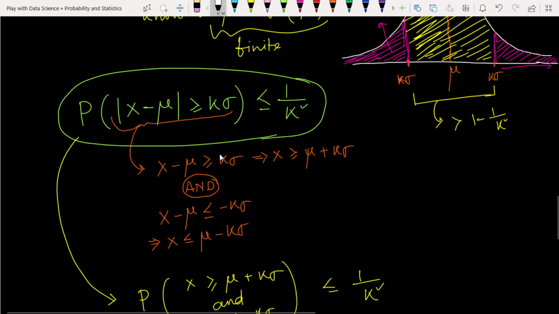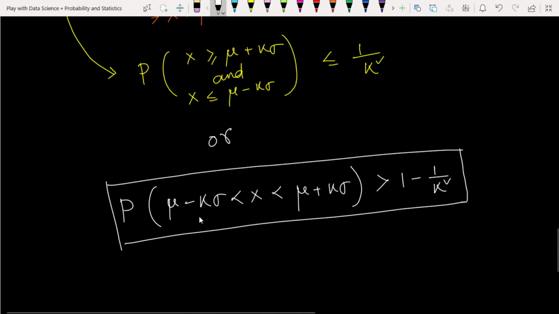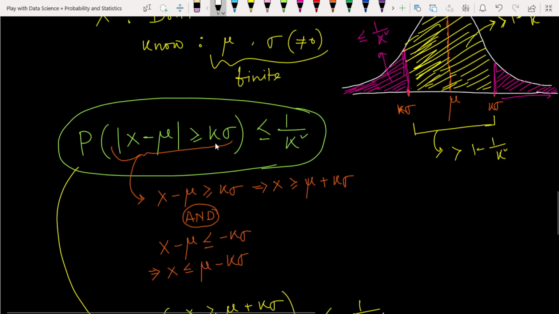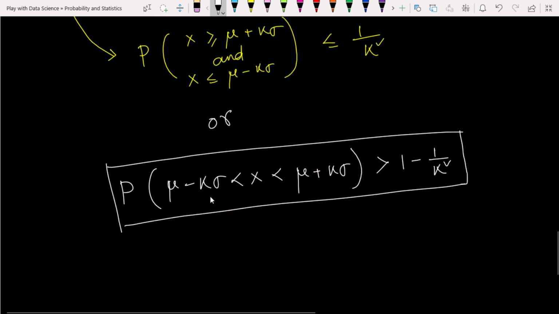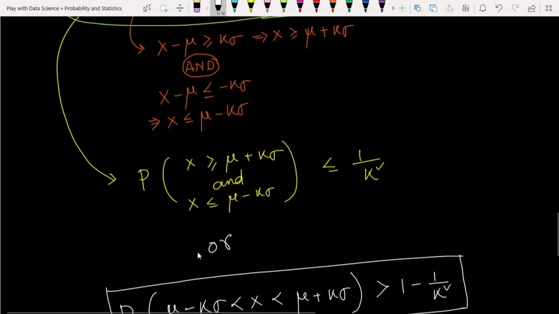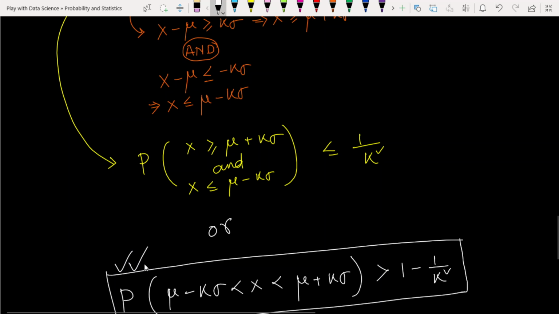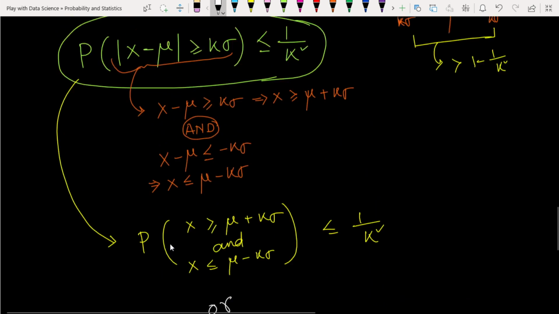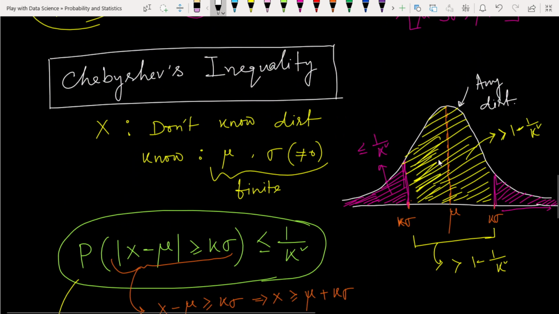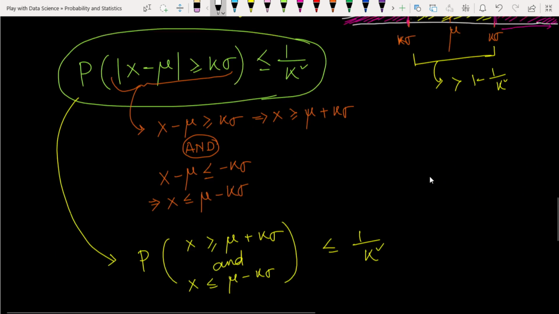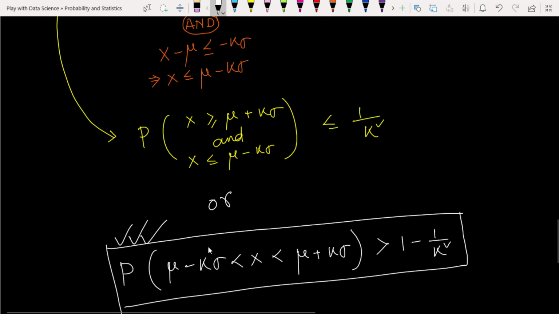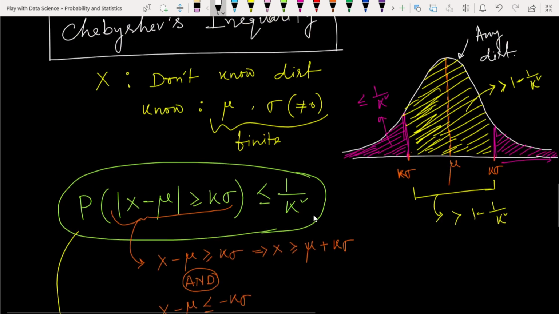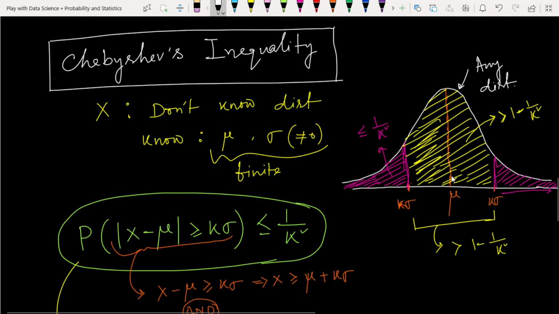The first formula talks about excluding this range, and this one talks about including the range between them. I am talking about these yellow portions using this white box formula.